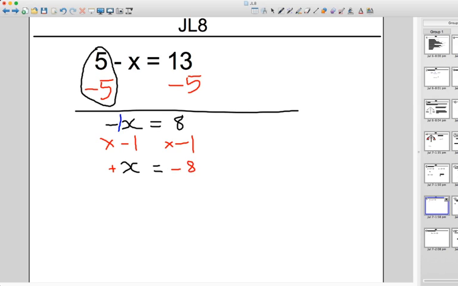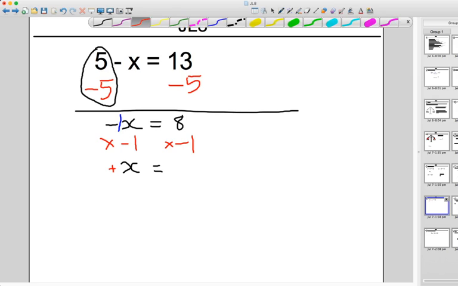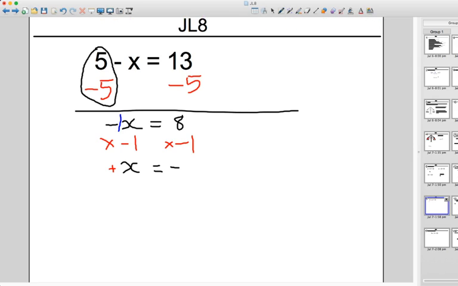I should have done that in black. That's our answer to this. So be careful with negative algebra. Again, you're probably never likely to see it in real life, but it's worth knowing about.